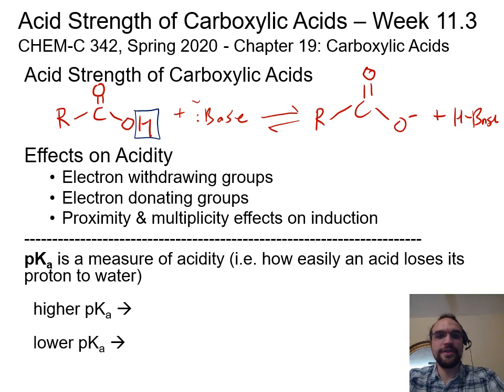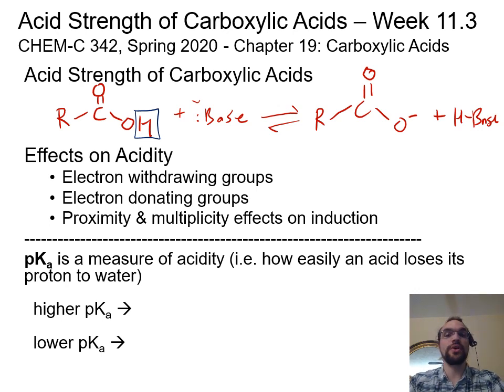And so depending on the strength of the carboxylic acid or the strength of the base, this equilibrium may favor entirely the product side. It may favor entirely the reactant side, or be somewhere in between.